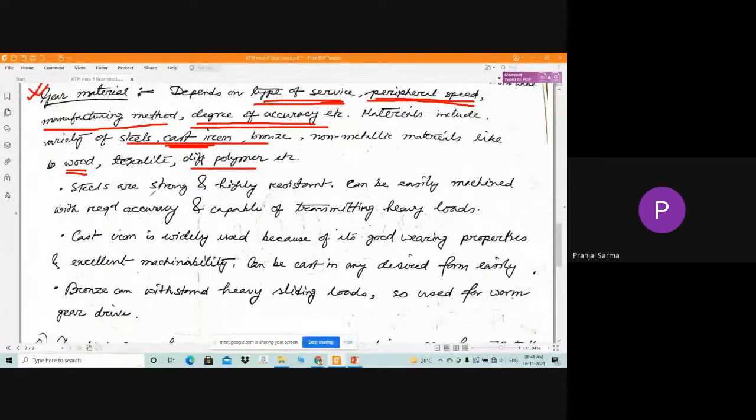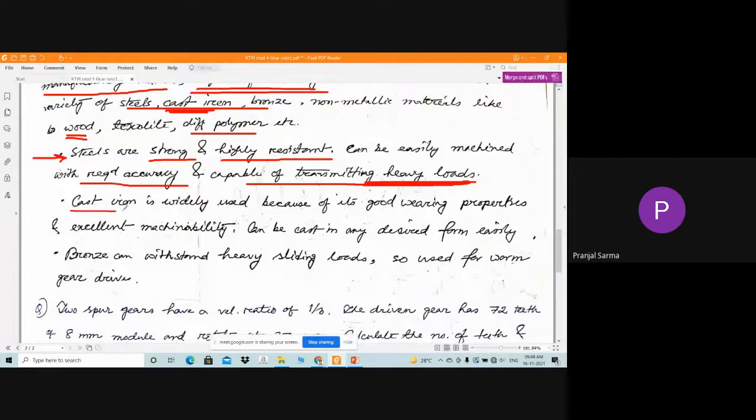Now, steel is generally one of the strong and highly resistant types of material, and it can be very easily machined with the required level of accuracy. It is also useful for transmitting heavy loads. So whenever you select steel as the gear material, it gives you this capability. Cast iron is one of the most widely used materials. It behaves like a very good gear material because of its good wearing properties and excellent machinability.